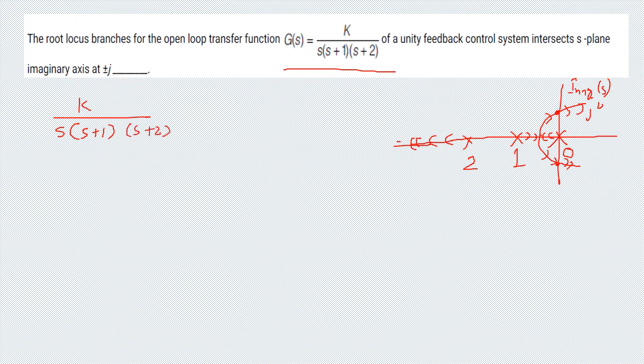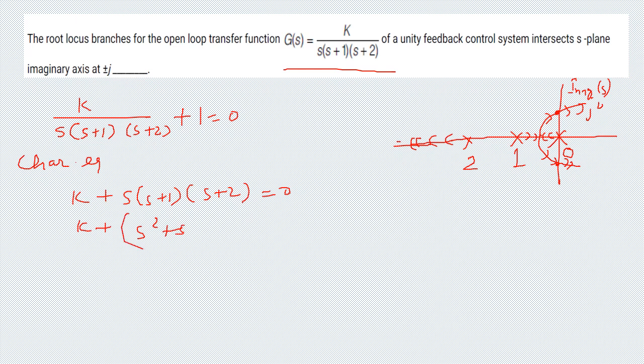First I am forming the characteristic equation, so it is written as k plus s into (s+1)(s+2) is equal to 0.